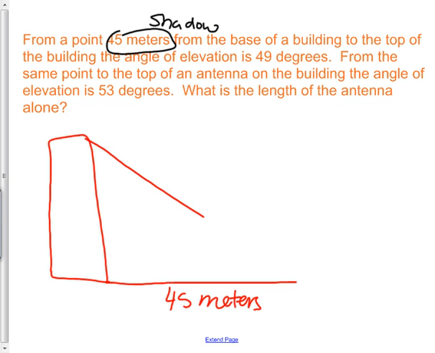So that's this angle, 49 degrees. Then it tells us that there's an antenna on top of this building. So let's say that's our antenna. We're still from the same point, but now our angle of elevation is 53 degrees.